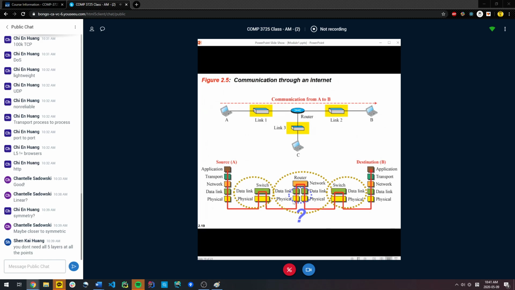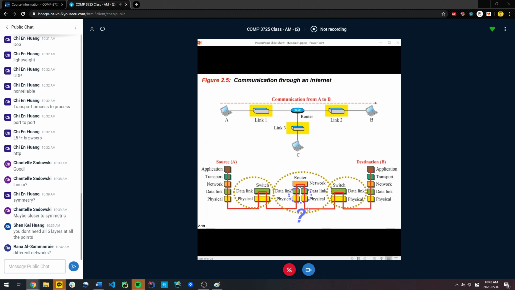But the moment you hit a router, the physical and the data link layers from the receiving end and the transmitting end are shown as two separate blocks, which means separate entities. The question is why? This is not a typo. This is not an error in the diagram. Why do you think that is the case?